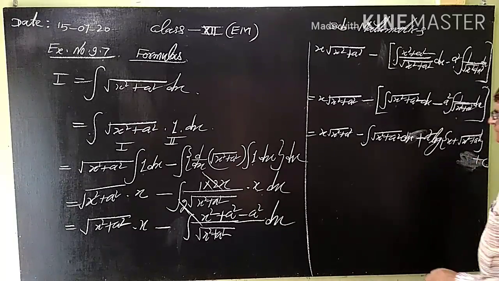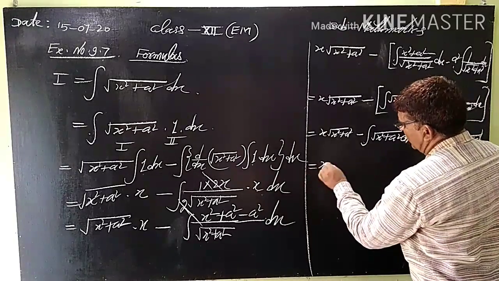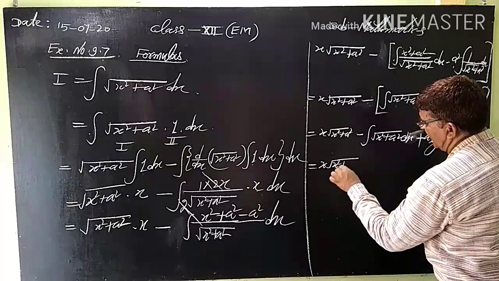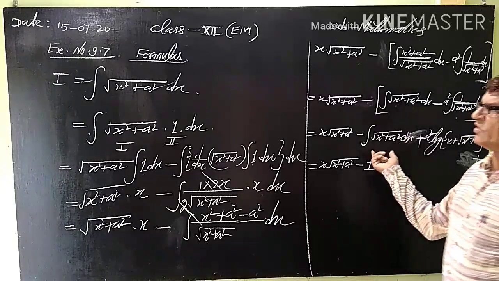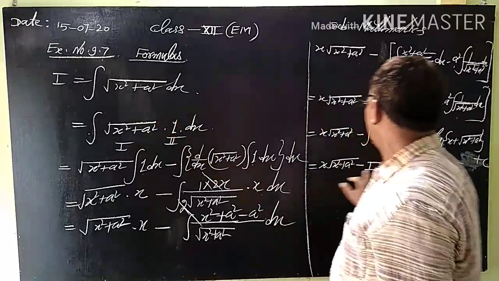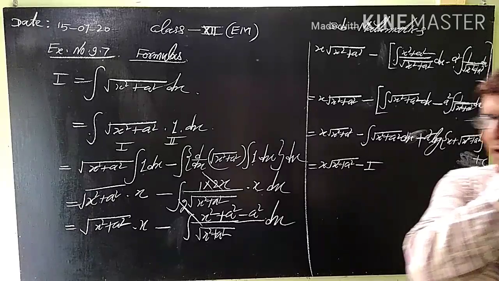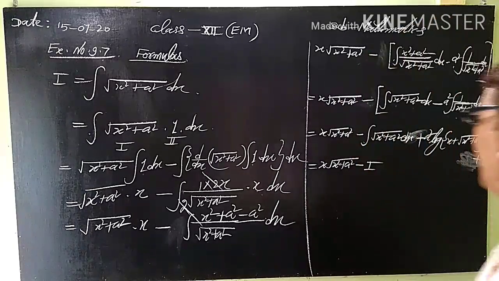Now it is equal to x under root x square plus a square minus this, which can be written as I, because this is your question and it is equal to I. That is why instead of it we can put I.